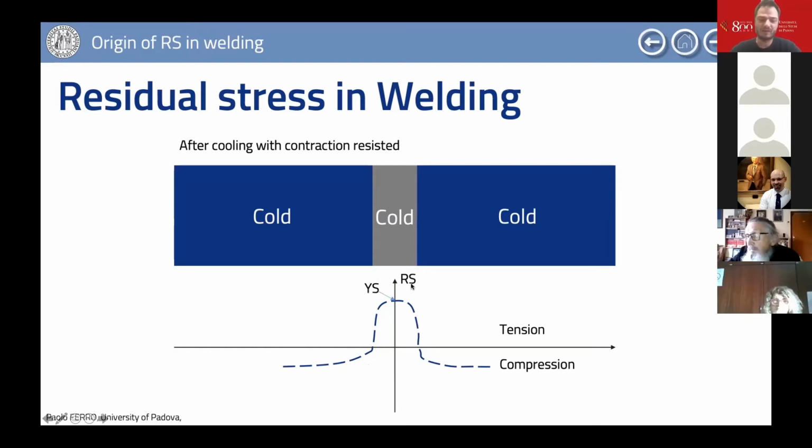And as you can see, the values of such a tensile residual stress may approach the yield stress of the materials.